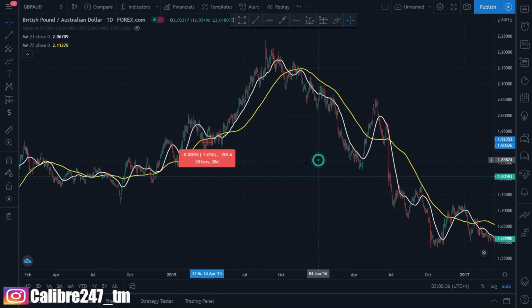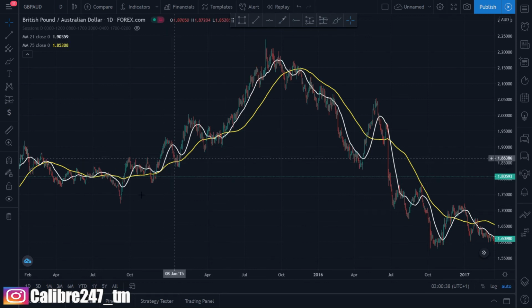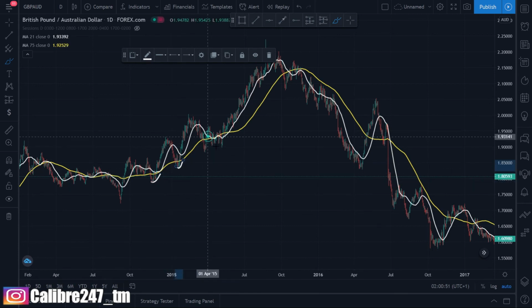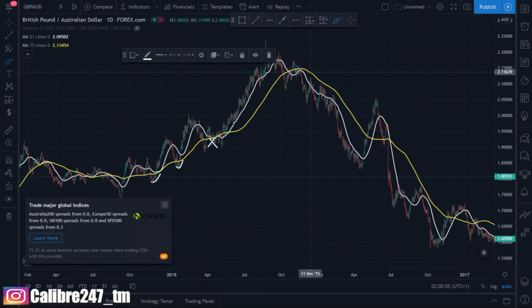But if you check the consistency of this thing, how many losses have we had? Now this is what we call a back testing. So this was profitable, and this was profitable as well. This was a failure right there. This was profitable, this was profitable, this was profitable, this was a failure for a retest.